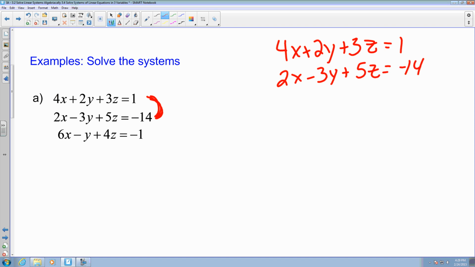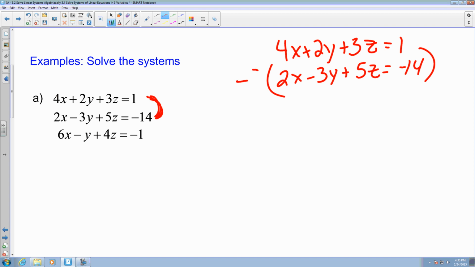Now, I'm going to use the elimination method because, for one, there are no variables that are just by itself. All the coefficients are either larger than 1 or smaller than negative 1. So I want to eliminate one of the variables, and I'm going to choose to eliminate x from this particular system.